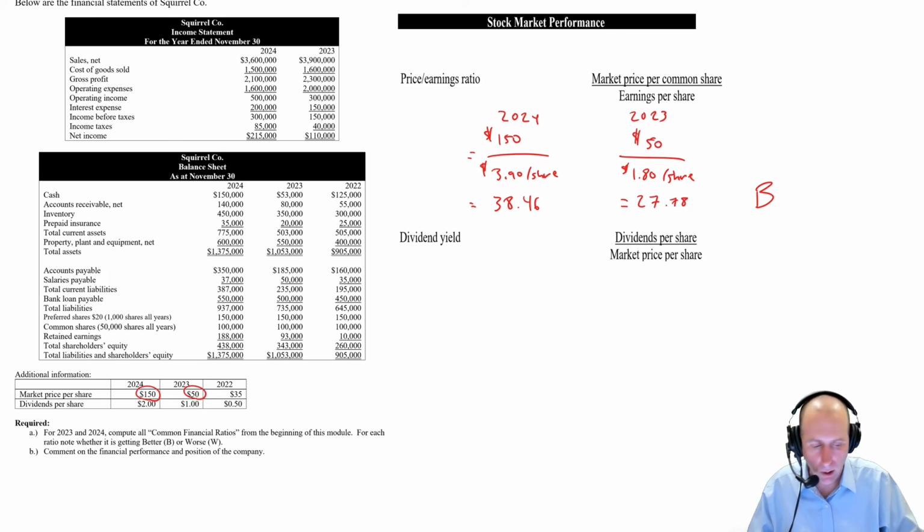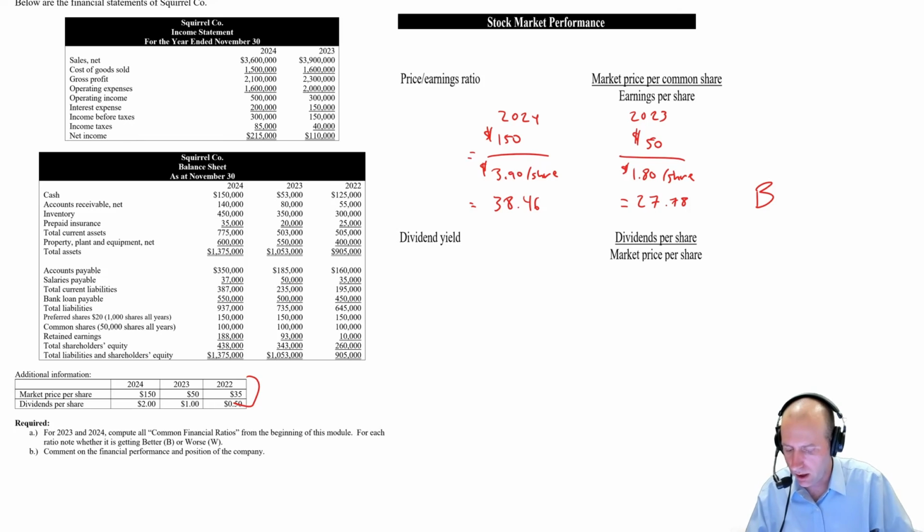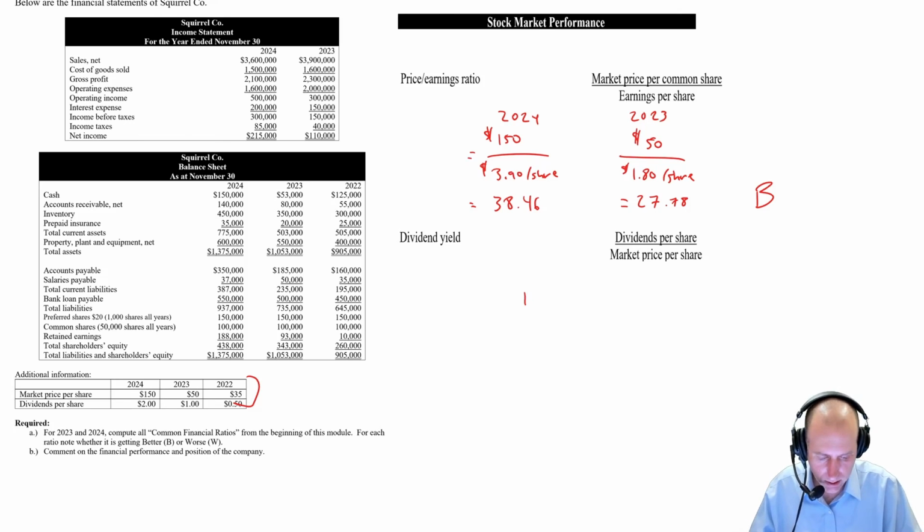Okay, dividend yield: dividends per share divided by market price per share. So it's all in this little table. Our market price is 150 this year. Our dividends per share is $2. 150 divided by 2. Have I done this backwards? Yeah, I did this backwards.